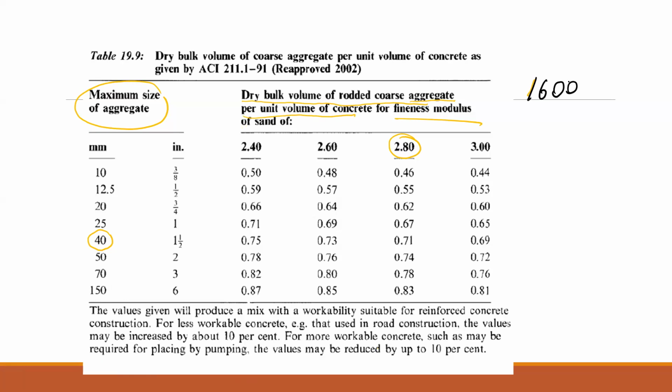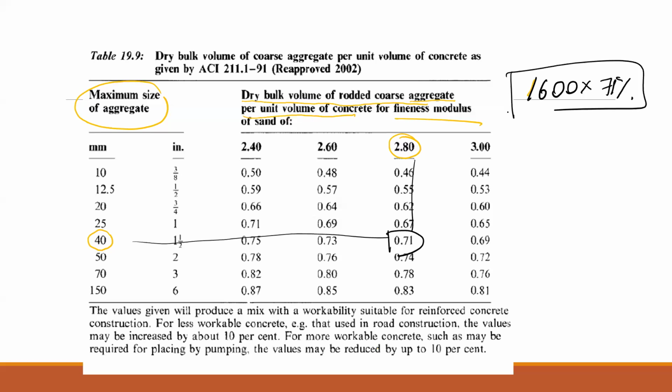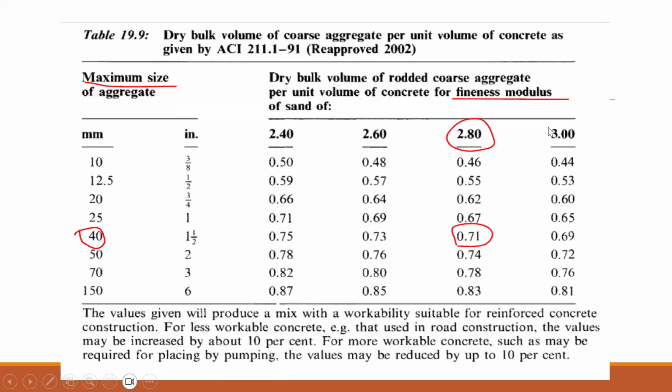And this is in dry rodded bulk. Out of this, only 71% is in the concrete. So not 100%. So only 71% of 1,600 kilograms will be in the concrete mix. Does that make sense? Okay. Next one.